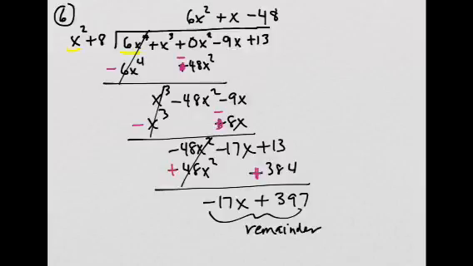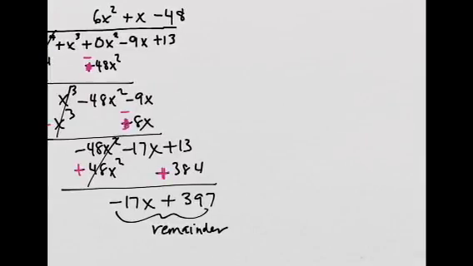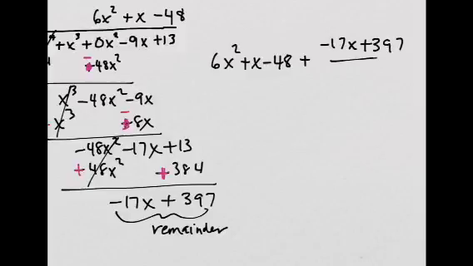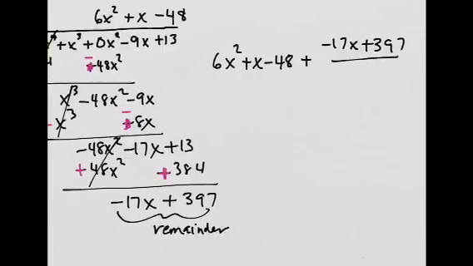Okay? And so the answer, let me write it here on the side, is 6x squared plus x minus 48, here's the quotient, plus negative 17x plus 397 all over, let's see, what was the divisor? X squared plus 8.